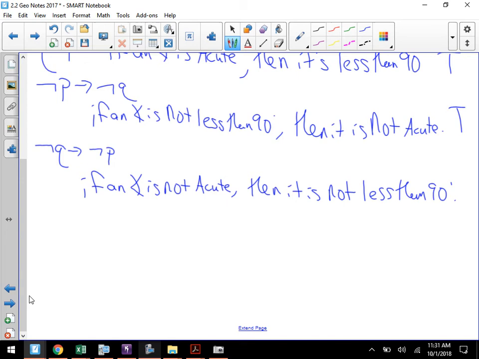Is that true or false? If the angle is not acute, then it is not less than 90. True or false? True. If it's not less than 90, then it's not acute.